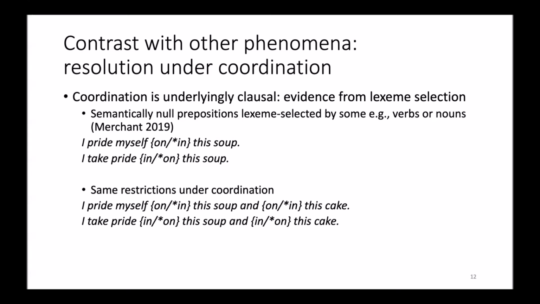So if you coordinate prepositional phrases under I pride myself, you have to say on this soup and on this cake. You cannot say I pride myself in this soup and in this cake, or any kind of mix and match situation. And in contrast, if you say I take pride, you have to say in this soup and in this cake. You cannot say something, for example, like I take pride in this soup and on this cake.